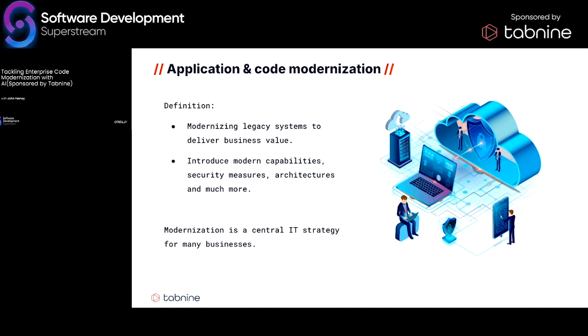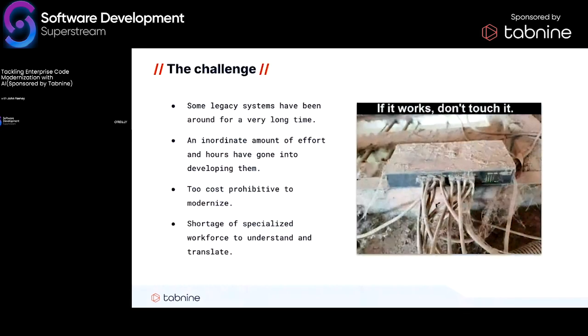And so we're looking to bring these applications up to speed to meet the current and the future needs of the business. By doing so, we'll not only be introducing modern software capabilities, but also modern security measures and making it available to modern architectures as well. And this is something that's a very hot topic at the moment among many IT operations.